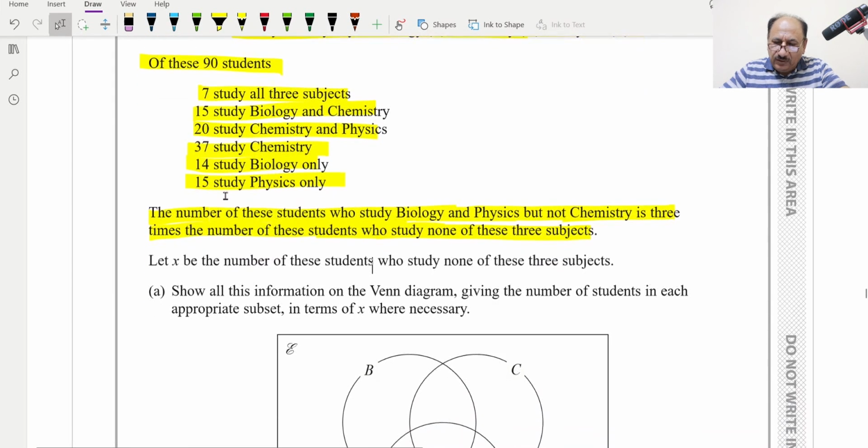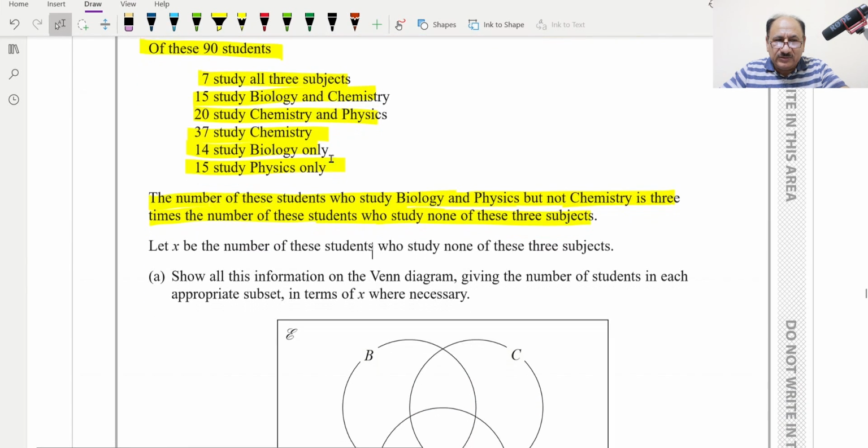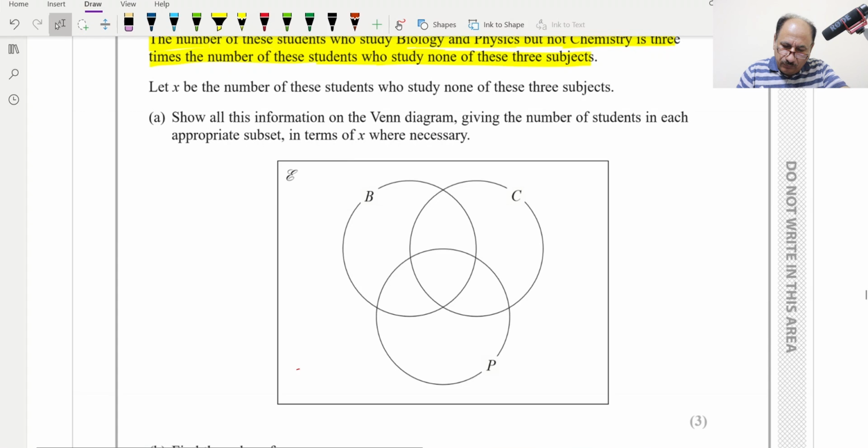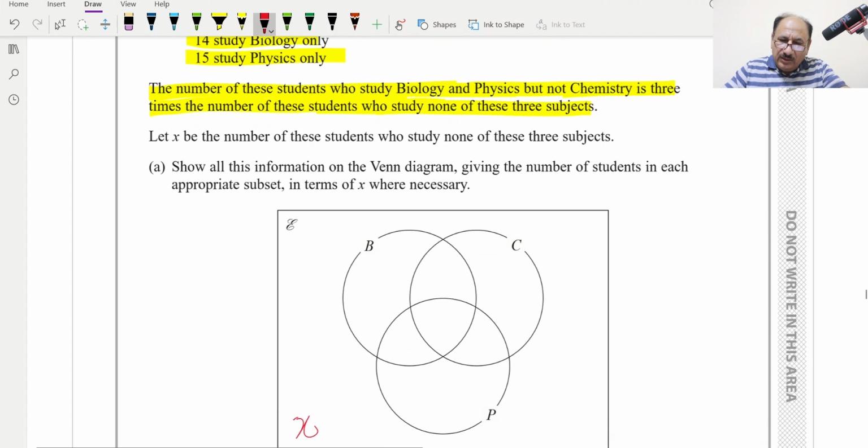Everything is based on none of these 3 subjects, so we will suppose none of these 3 subjects is x, and we can provide x over here outside. By the condition of the question, 3 times the number of those students who study none of these.